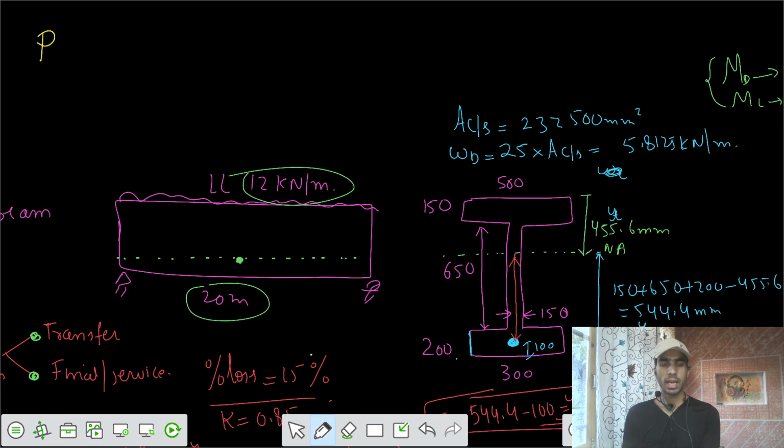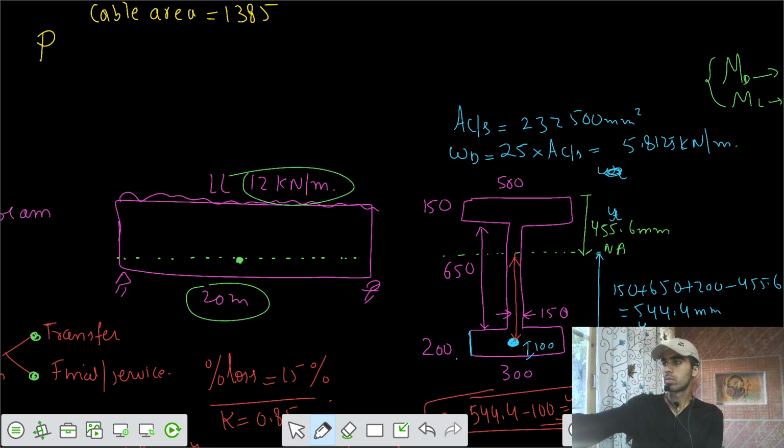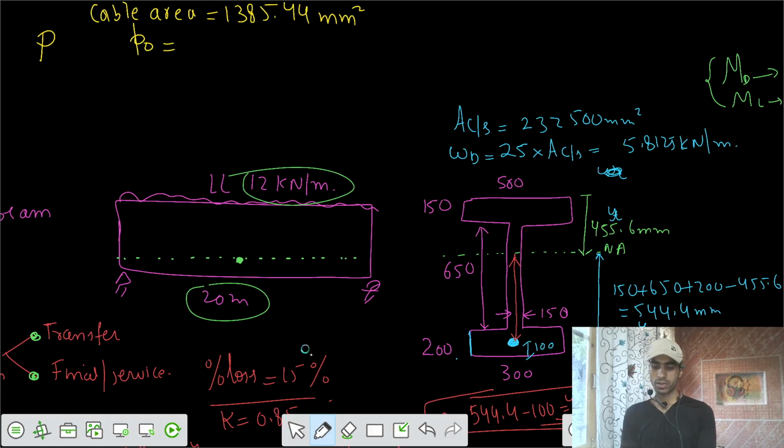So the value of P can be solved in this way. We have a cable area of 1385.44 millimeters square, and we have a stress in the cables of 1100 megapascal.